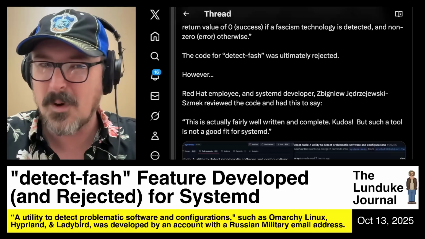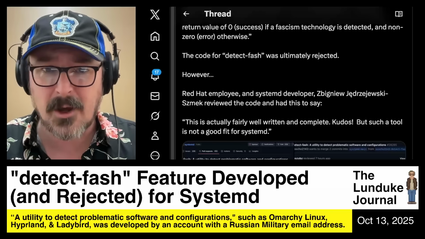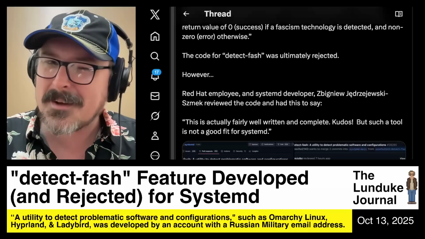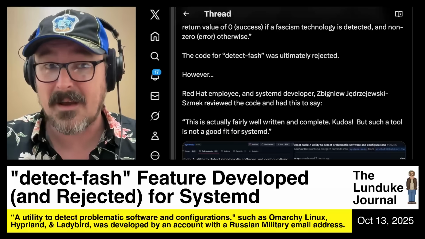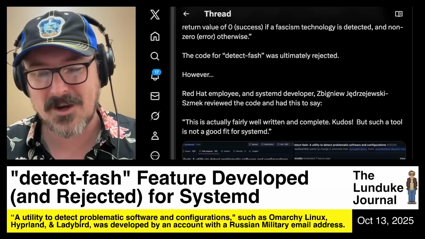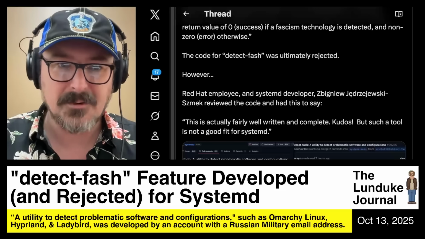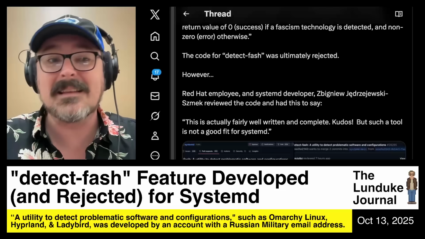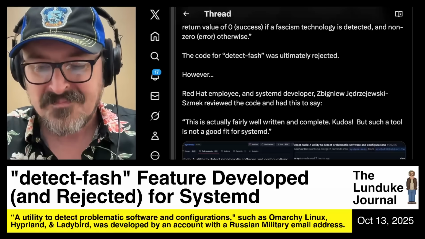The initial code was anyway, right? So by him saying, hey, this was good code, kudos, but such a tool is not a good fit for System D, that might be his way of saying, yeah, nice job, see you later, right? And just giving him the brush off. He might have also been saying that he really liked it, kudos, but it's not a good fit for System D. How he intended it, we don't know.